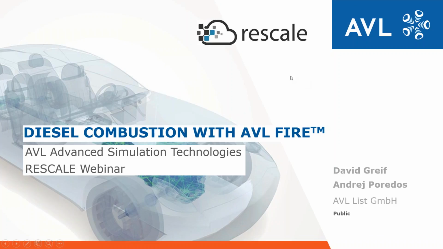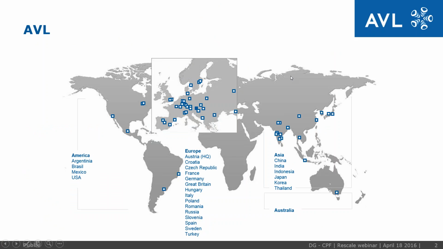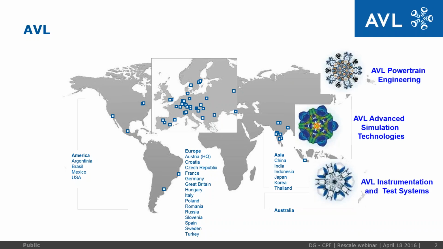A couple of words about the company AVL, for those of you that may not be from the engine development business specifically. AVL is a global company of about 8,200 people at the moment, developing powertrain systems and measurement equipment. It consists of three main divisions.